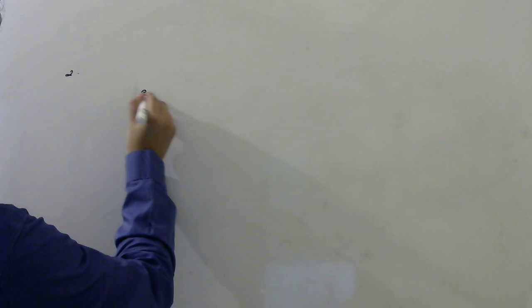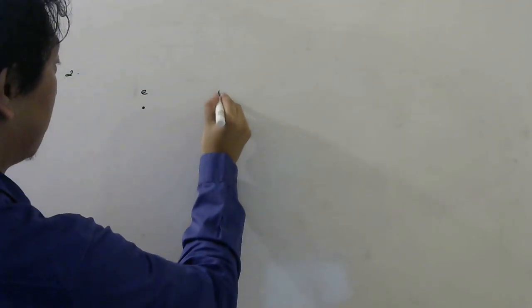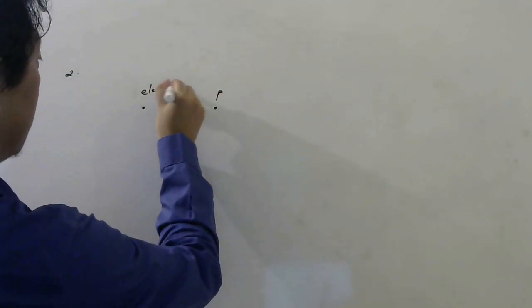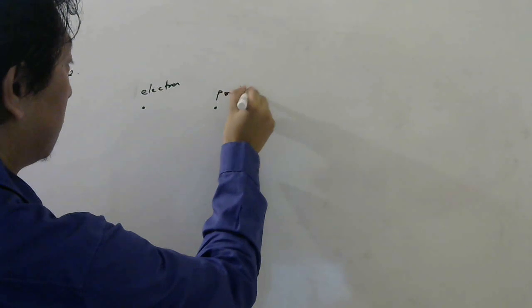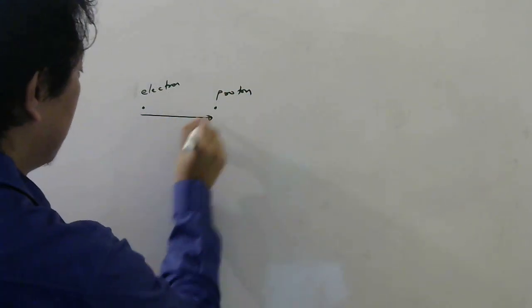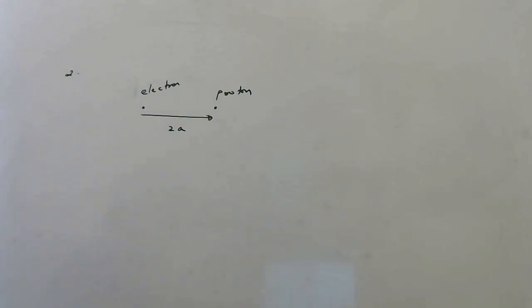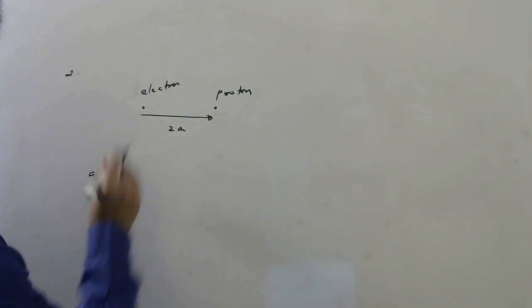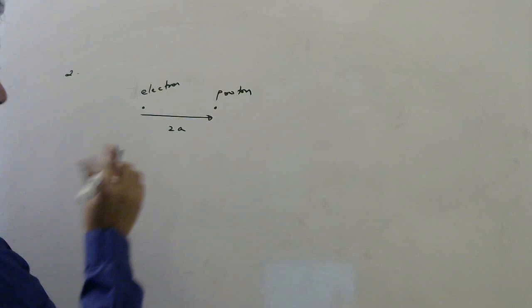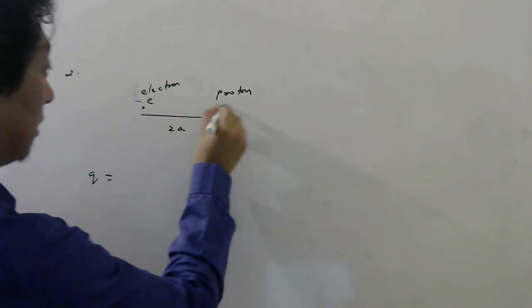So imagine there is electron and proton separated by a distance of 4 into 10 to the power minus 10 meter. So in question number 2, this is electron, this is proton, and the distance between them is, let's say, 2a. Now what is the charge for either electron or proton? Here it is minus e, here it is plus e.